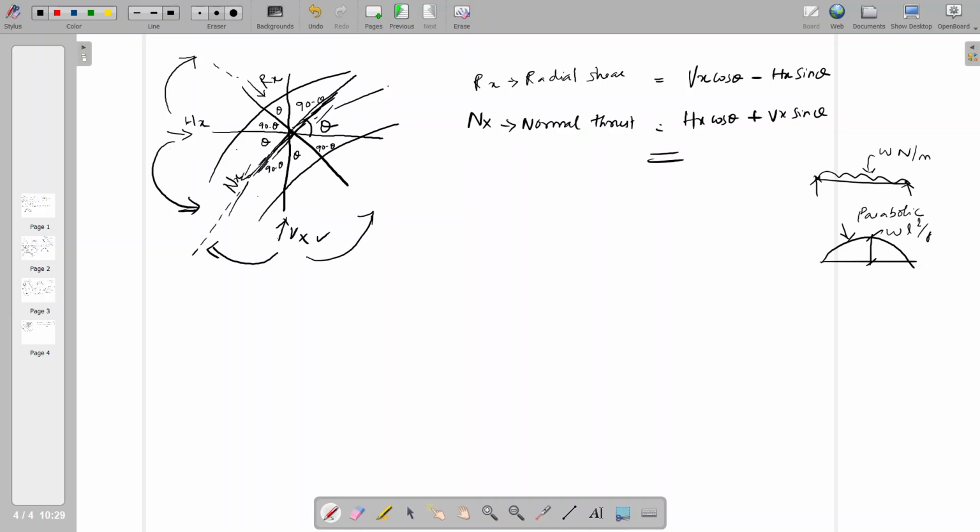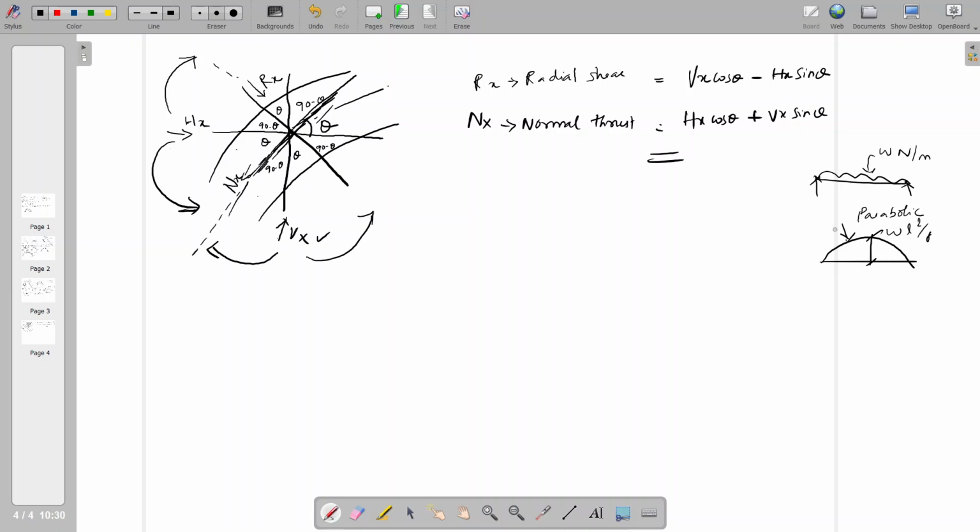If you load an arch with this UDL throughout the span, you will definitely get the bending moment as zero, because if you consider the parabolic arch, you are providing the arch profile in the same shape as the bending moment of the simply supported beam with the UDL.